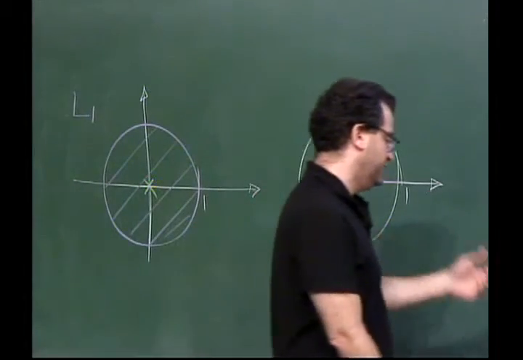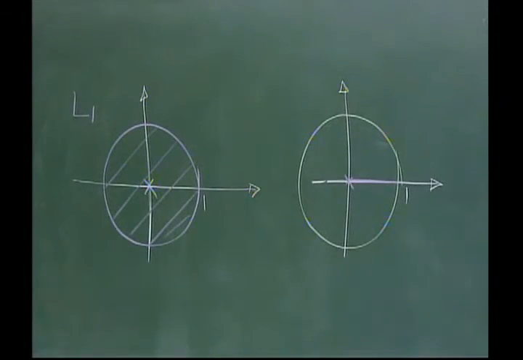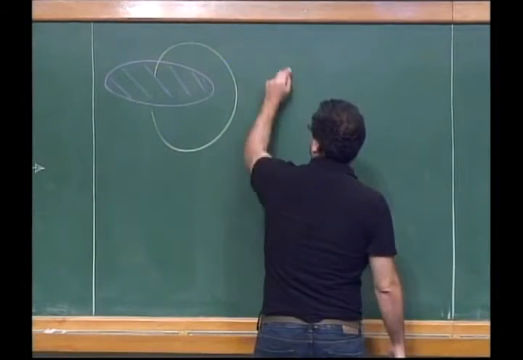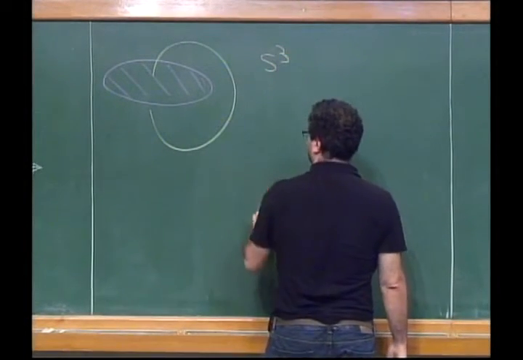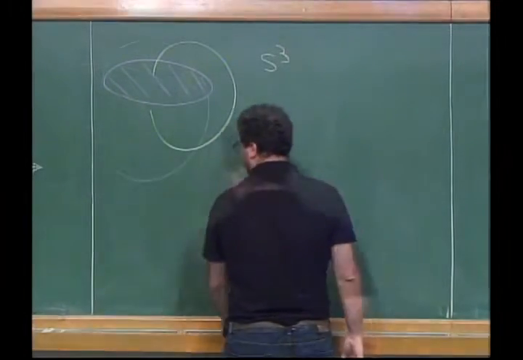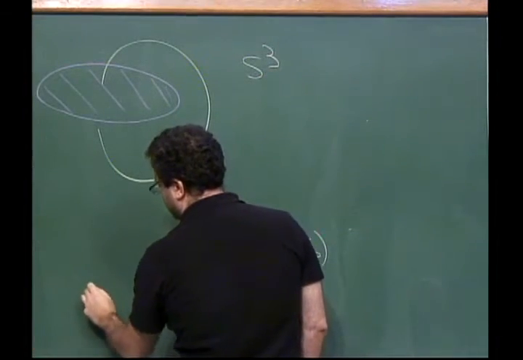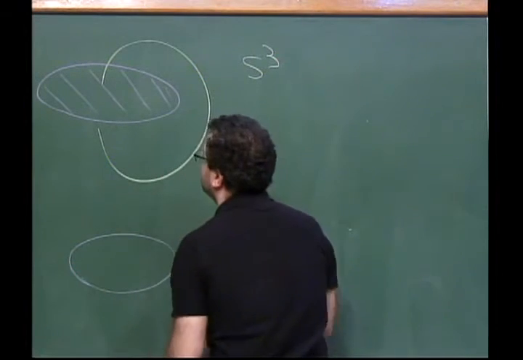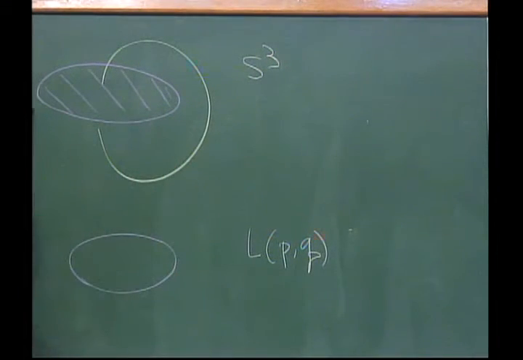So this orbit projects. So here, let's say it's S3, and here L(P,Q), and this one descends to a closed orbit for the standard contact form on the lens space.